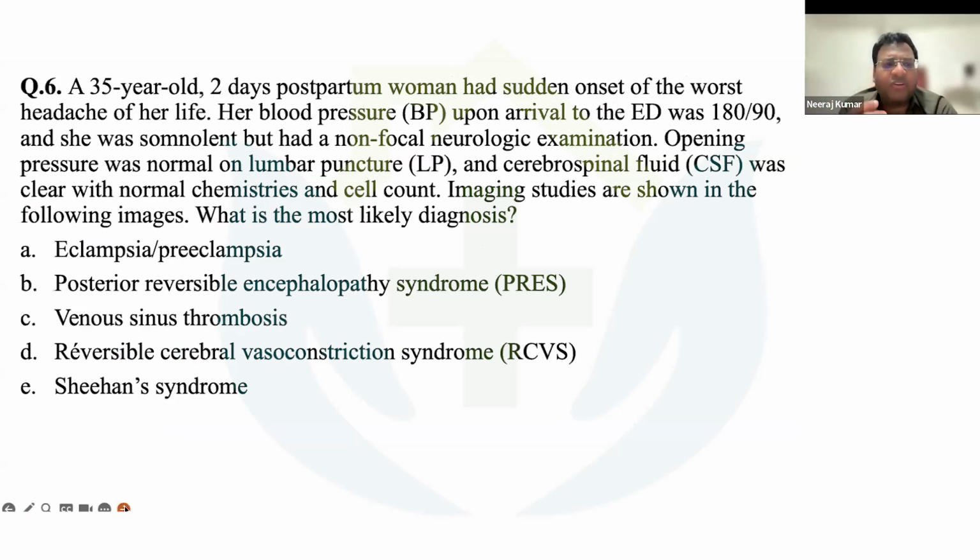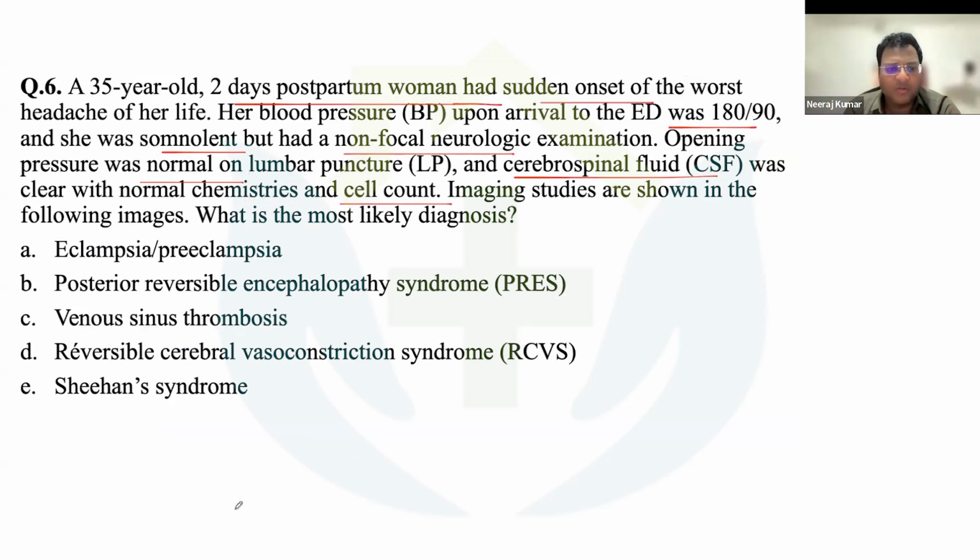Now, the next question: the patient is now 2 days postpartum, with sudden onset of the worst headache of her life, BP on arrival 180/90, somnolent, no focal deficit on examination. Opening CSF pressure was normal, and CSF was clear with normal chemistry and normal cell count, and an image is shown.